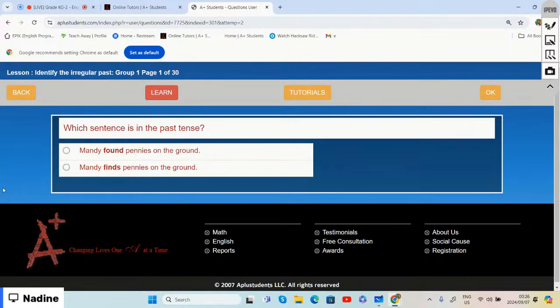We need to select the correct option, option 1 or option 2, that is the irregular past tense.